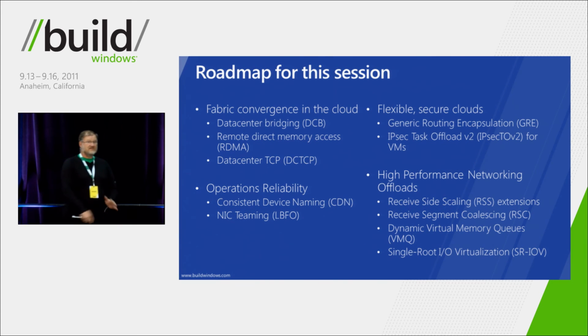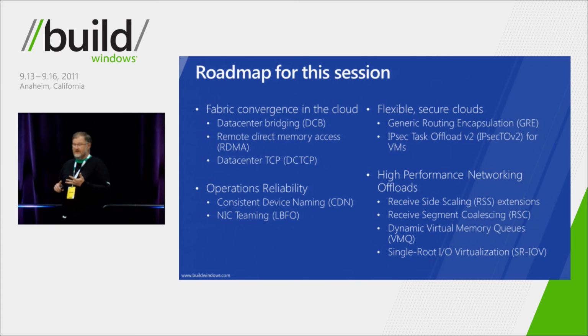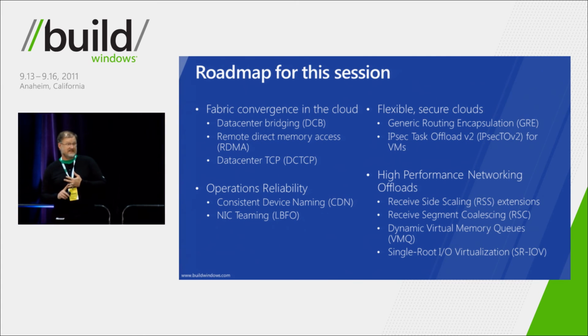So, here's the 11 topics we're going to talk about, divided into 4 groups. We're going to go through fabric convergence in the cloud. And there we're going to talk about DCB, KRDMA, DCTCP. We're also going to talk then about operations reliability, CDN, and NIC teaming.